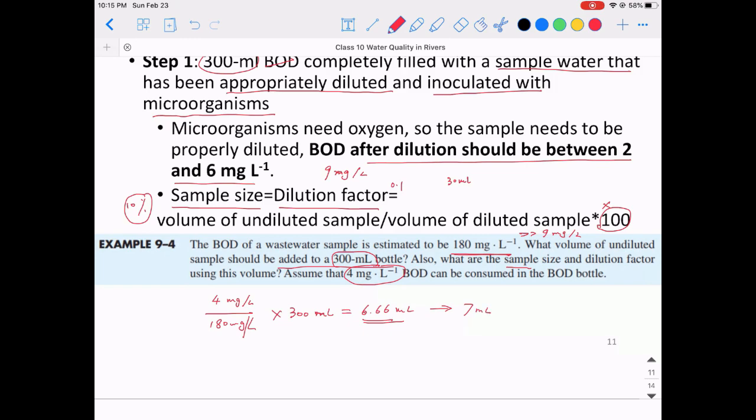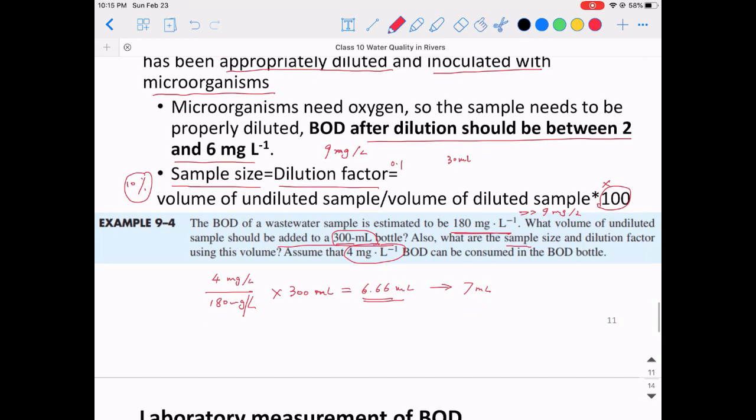So what we do is round this volume to 7 milliliter. We're going to put 7 milliliter of the sample into this 300 milliliter bottle. And what that simply means is that the sample size is going to be 7 divided by 300, multiplied by 100%, which is 2.33%.